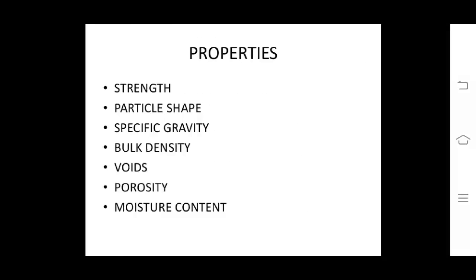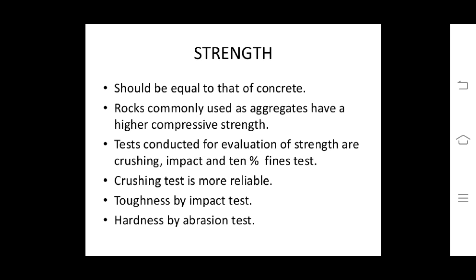Properties of aggregates. The properties of aggregates directly impact the characteristics and strength of concrete. The properties of aggregate are therefore a priority to study, like strength, particle shape, specific gravity, bulk density, voids, porosity, moisture content, etc. Strength.